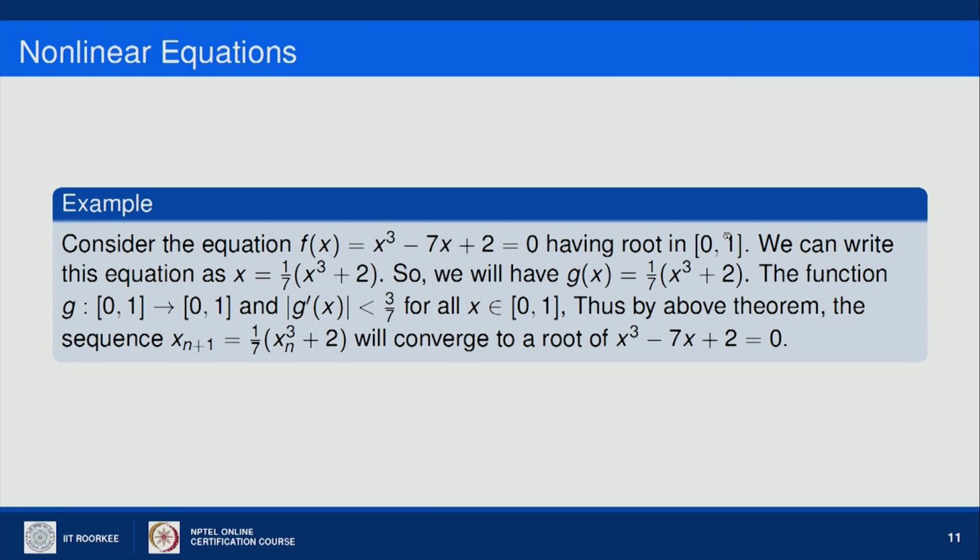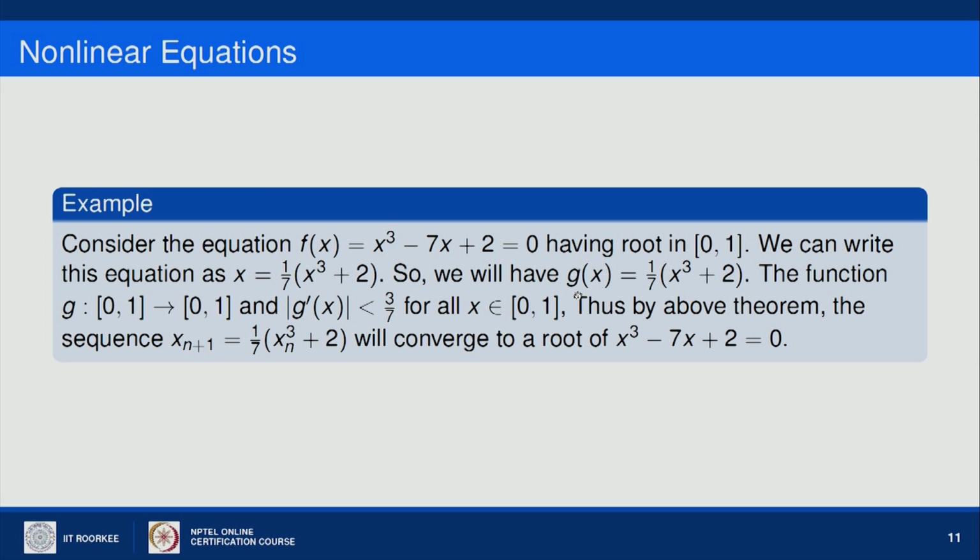At x equals 1, f of 1 comes out to be 1 minus 7 plus 2, that is minus 4, a negative number. So f of 0 into f of 1 is negative, and according to the intermediate value theorem, there will be a root between 0 and 1. We can write this equation as x equals 1 upon 7 times x cube plus 2.